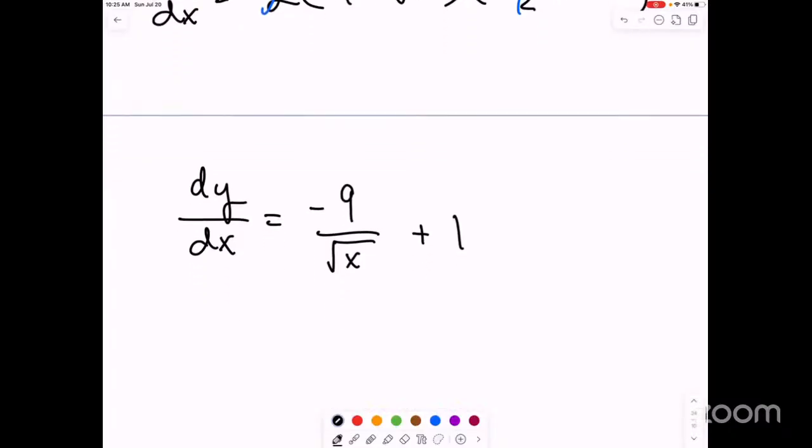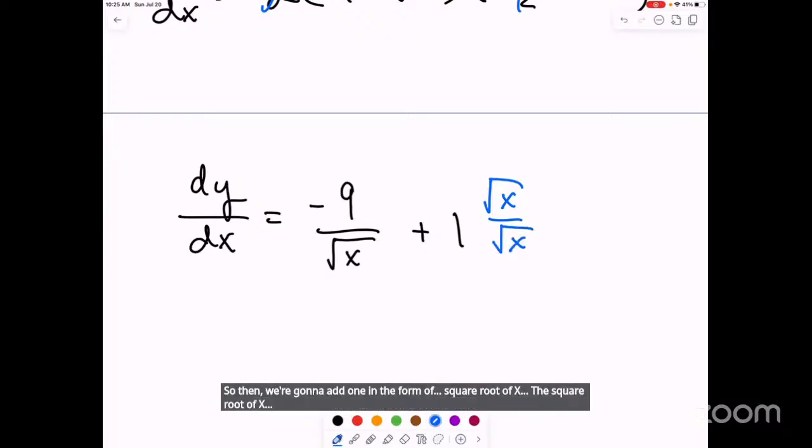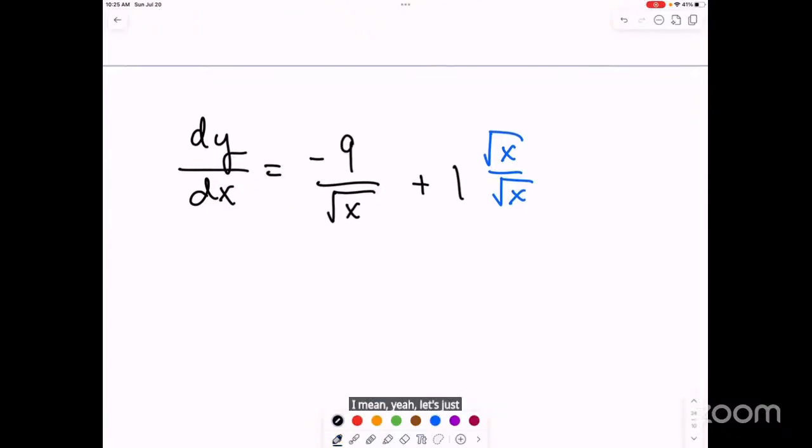Okay, so then we're going to add 1 in the form of square root of x over square root of x. Let's see, do we need that? I mean, yeah, let's just go on.